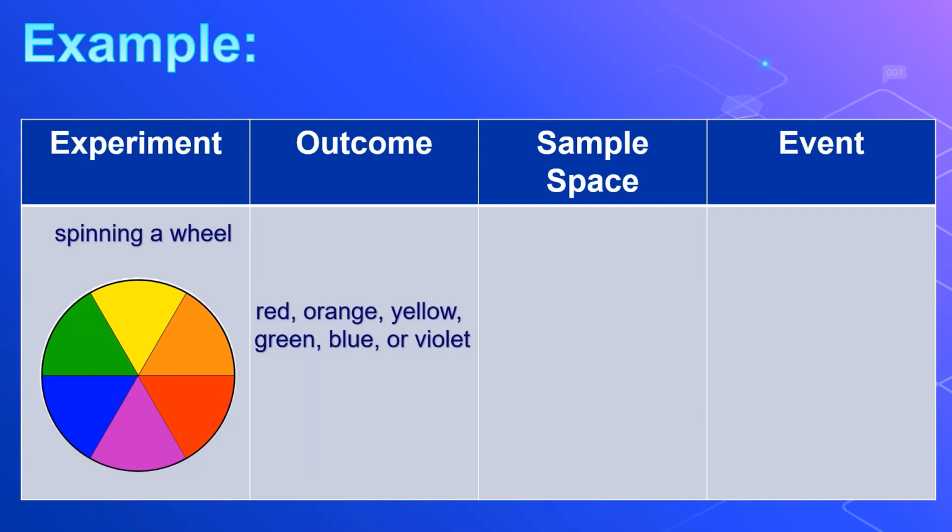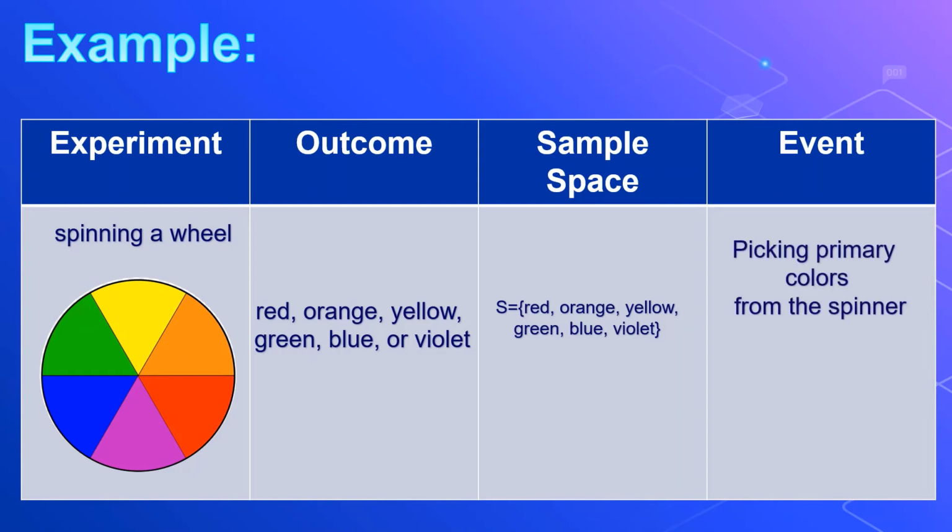And the sample space S is an element of red, orange, yellow, green, blue, and violet. So let's say our event is picking primary colors from the spinner. So let us call E our event. So we have E is equal to red, yellow, and blue.